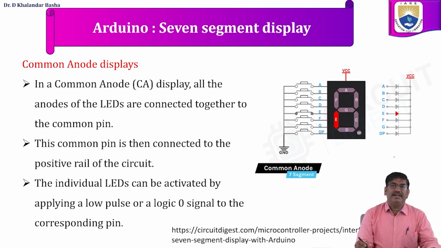The individual LEDs can be activated by applying a low pulse or logic 0 signal to the corresponding pin. So now here you can see the anode terminals are connected to VCC. So whenever you connect the switch to ground, the corresponding LED is going to be in on state.